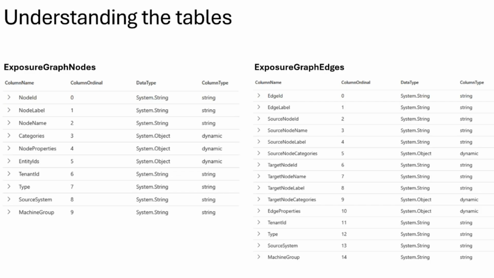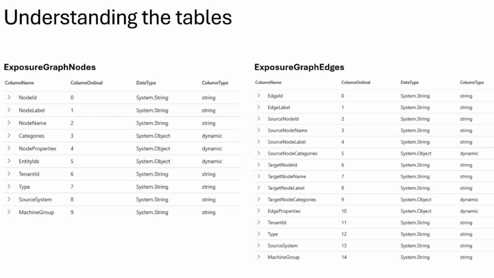And so here you have the whole list of the columns for the graph nodes and a whole list of a graph edge. On the graph edge, on the other end, you have all the data that defines how those nodes interrelate between each other.